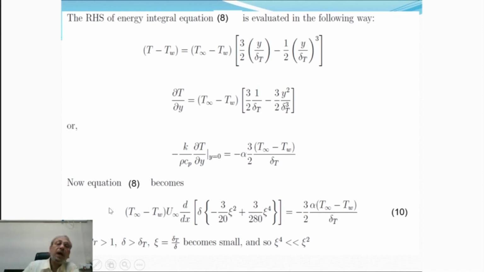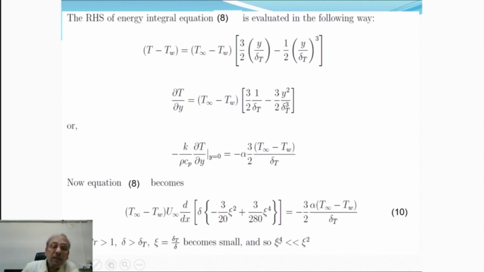Now if we consider Prandtl number greater than 1, that means delta is greater than delta t, and zeta was basically delta t by delta. So Prandtl number greater than 1 means delta t is less than delta, so zeta is less than 1.